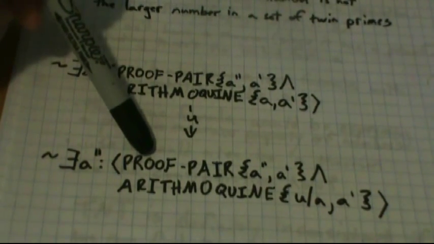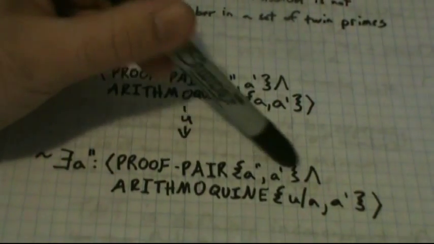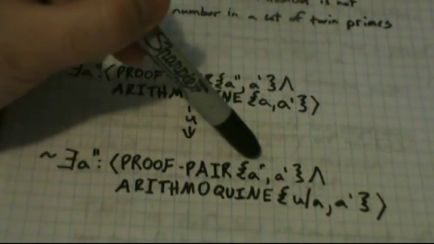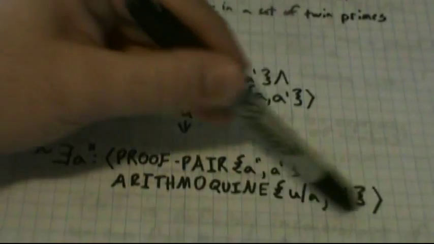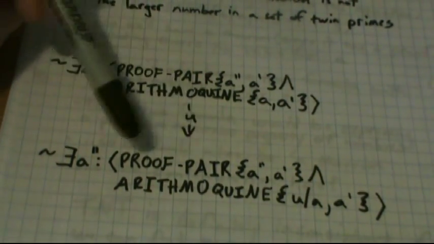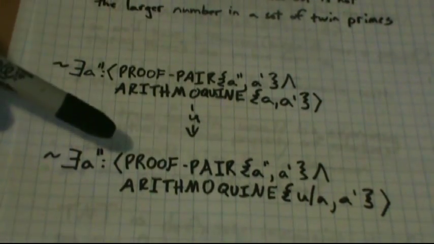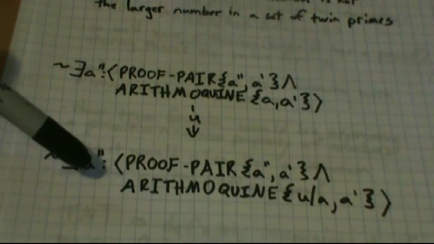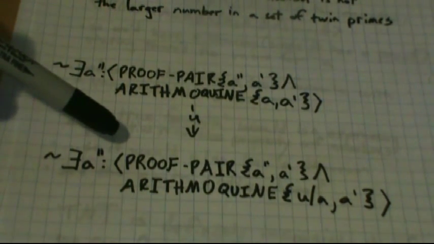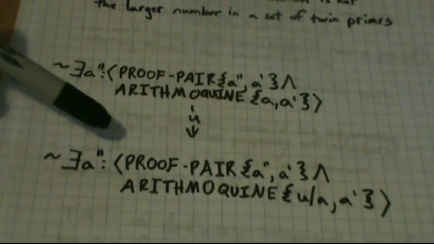But any system, as long as it's good enough to talk about relationships between numbers, is going to be able to talk about proof pairs and it's going to be able to talk about arithmoquining. The only other option is for it to not be good enough at talking about properties and relations of numbers. If it's not good enough to do these things, then certainly it's not even very useful because there are properties and relationships of numbers that it can't talk about in the first place.